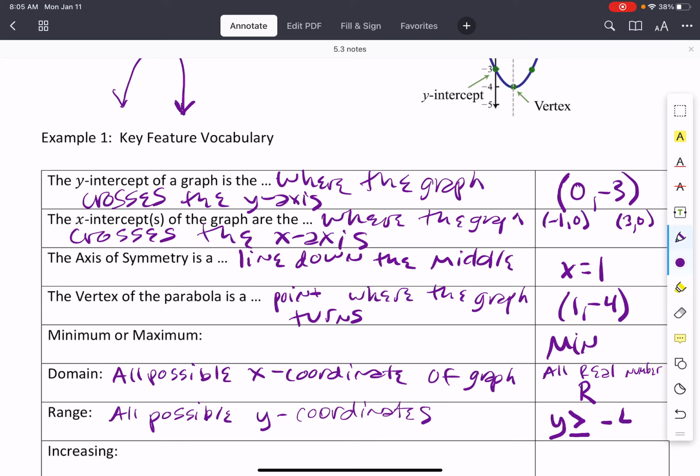Negative 4, yeah. Okay. I know it can be equal because my vertex went to negative 4, right? Okay. We're almost done with the vocab, and then I'm going to have you guys try some of these, and then we'll learn how to do this stuff on your calculator. Okay?